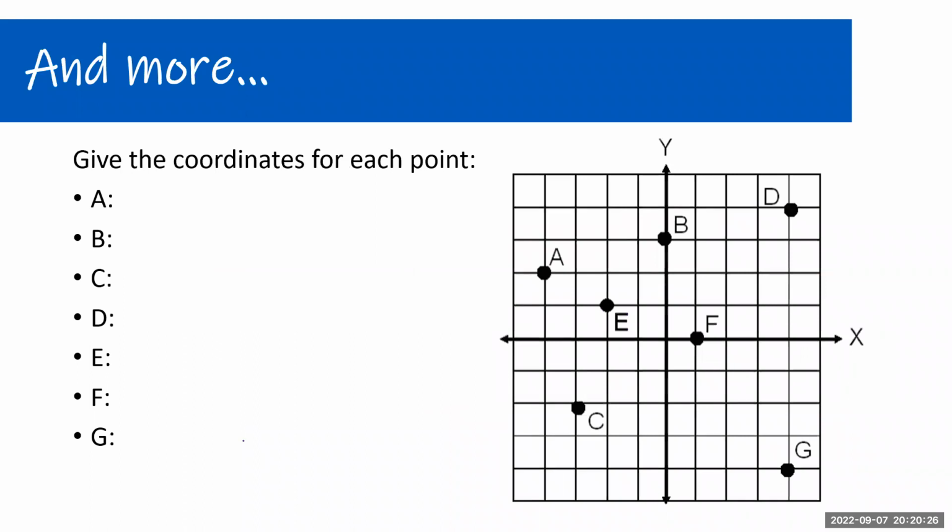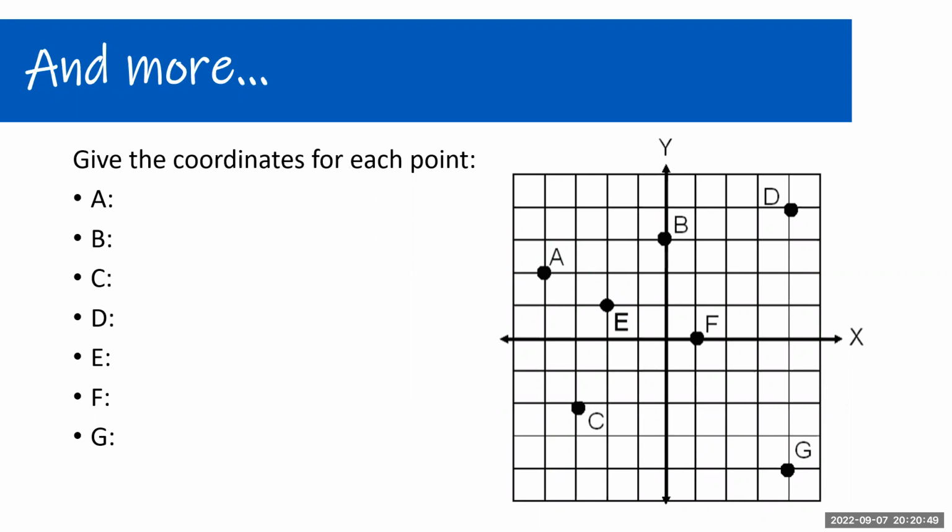Now we can talk about going the other way, right? We want to give the coordinates for each point here. So let's think about giving coordinates. We need to work backwards. We need to see where it is horizontally, and then we need to see where it is vertically.